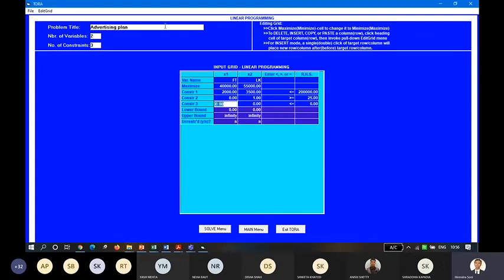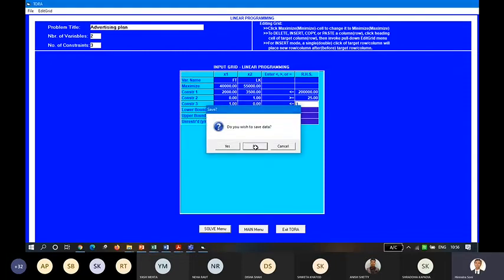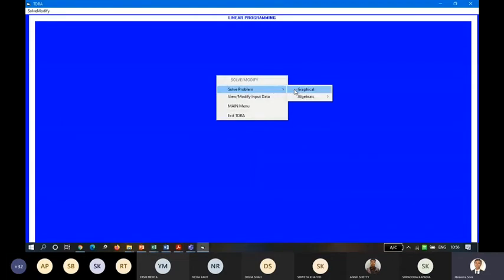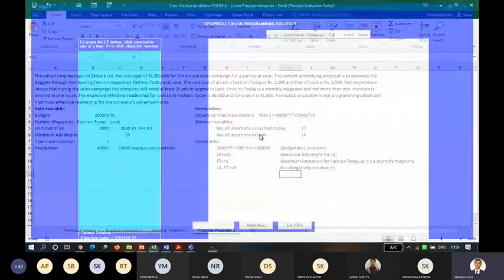In case of this one, FT is 1, LK 0, less than or equal to 1. And now I will go ahead and solve it. I don't wish to save it. Say graphical, go to the output screen.